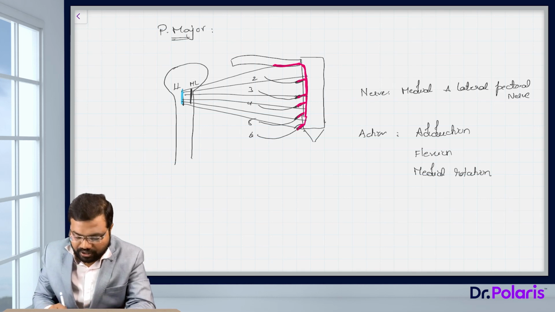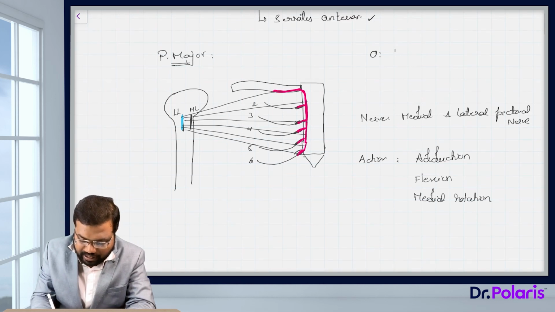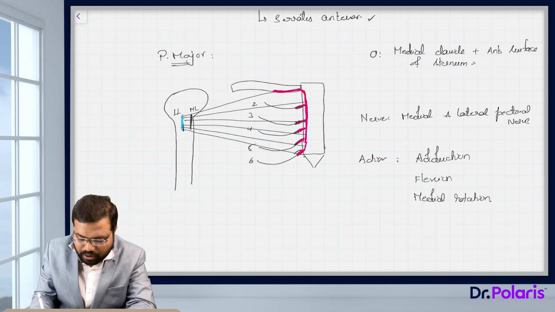Right. So origin, once again I'm writing here: the medial end of the clavicle plus anterior surface of sternum and also 2 to 6 costal cartilages. This is the origin. And the insertion is the lateral lip of the bicipital groove.